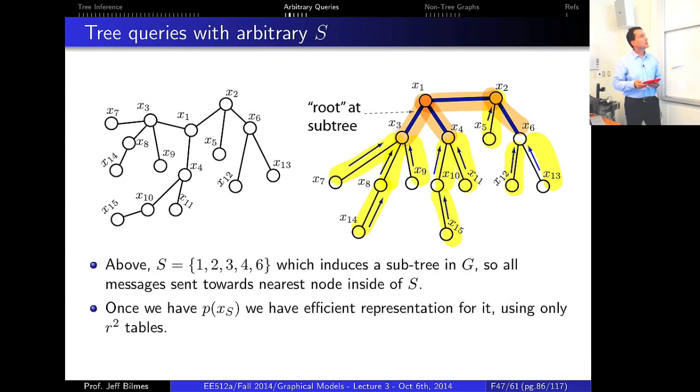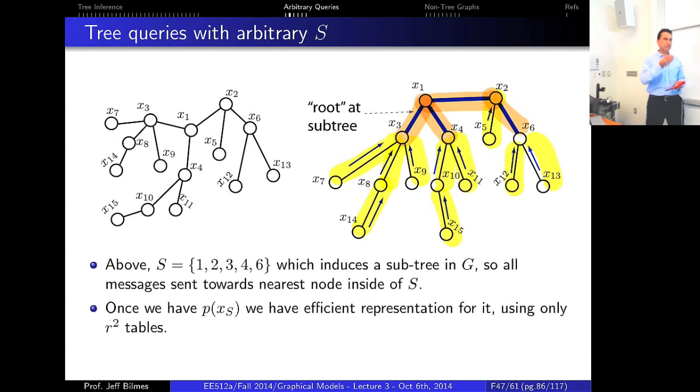In this particular case, S is equal to {1, 2, 3, 4, 6}. Once we have this subtree, first of all, we have an efficient representation of the marginal, which happens to be a subtree, and also we've never spent more than order r squared computation. So the whole thing is still n r squared.